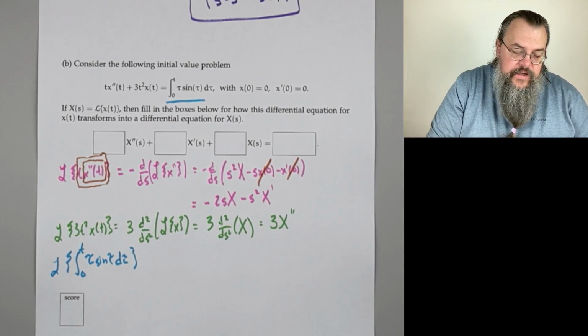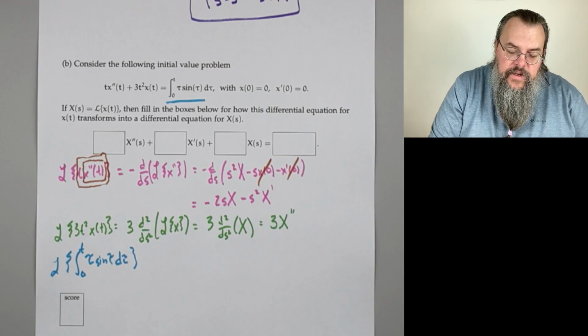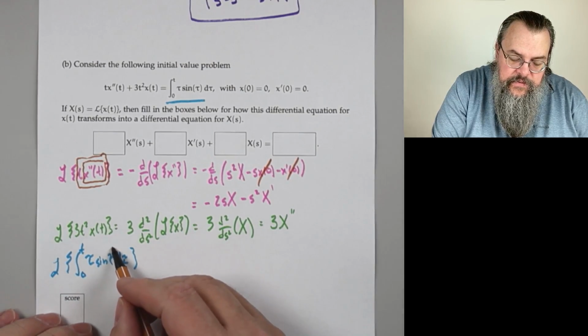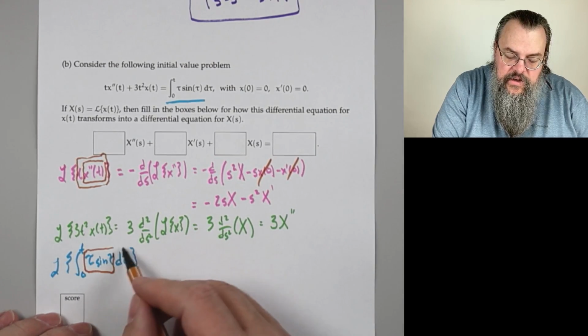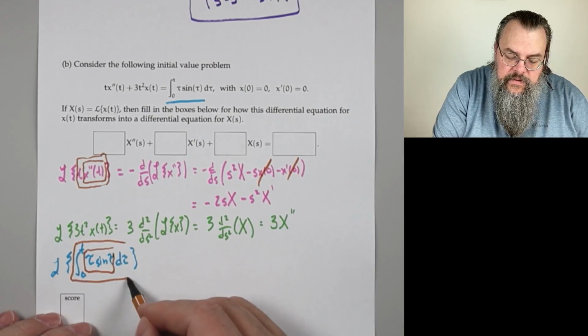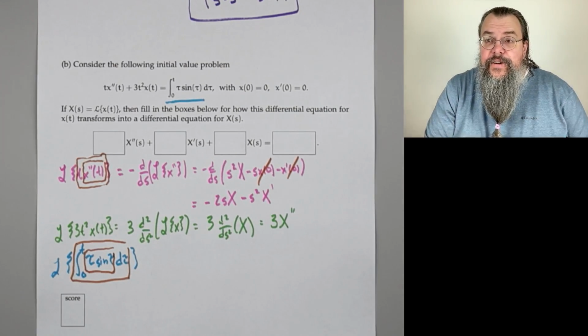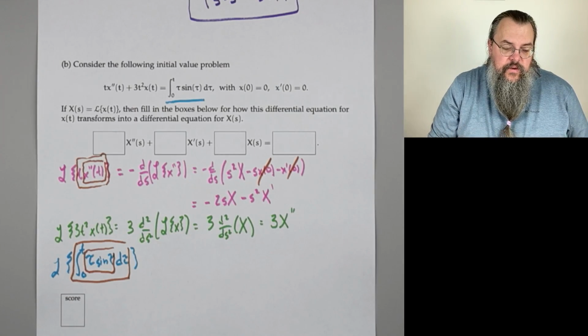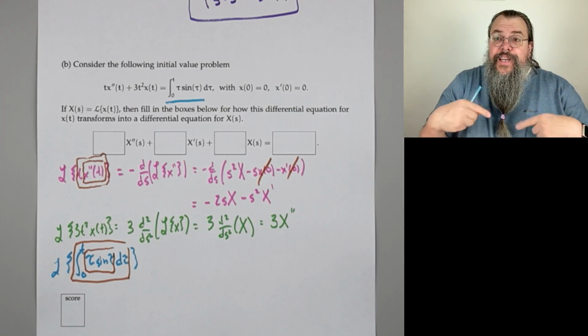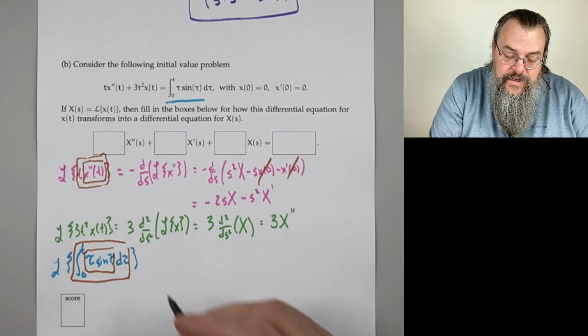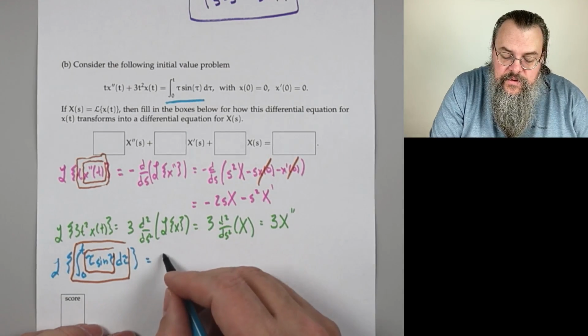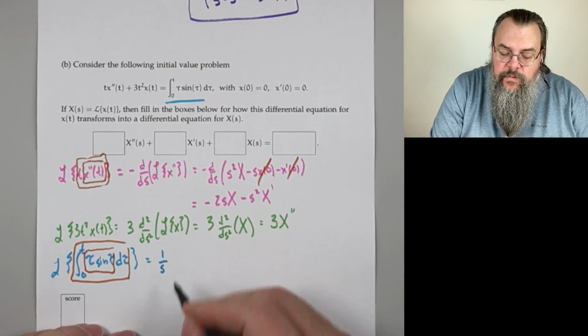What are our layers? Well, you can think of it as we have this function, tau sine tau, and then we have this integral. Now, the integral you can think of as an antiderivative. And there's a nice fact that says, oh, if you want to take an antiderivative, then what you do is you divide by s. So this is 1 over s.